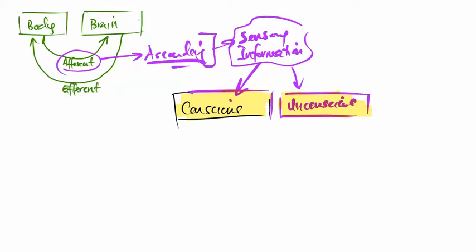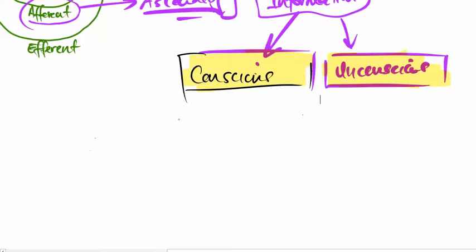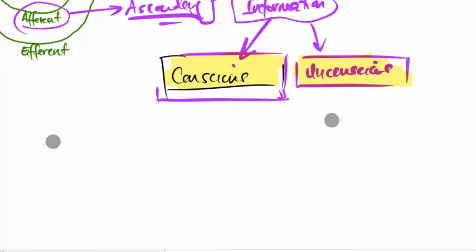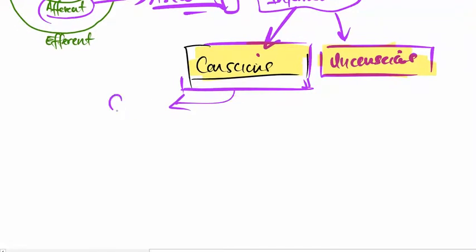So the conscious sensory information, the sensory information that's coming from your body to your brain, the aspect of it that's conscious is the one that you actually perceive. That's the one that actually reaches your cerebral cortex.